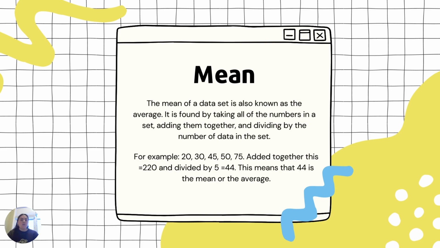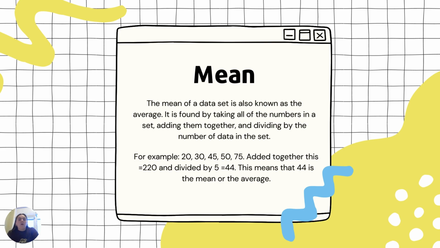So you could really do this with any data set, and this is usually really helpful for finding out a variety of things. A way that I typically will use this in my everyday life is if I'm trying to calculate my grades. So, for example, I will look at my grades in a specific class and then add them all together and divide by the amount of assignments that there are.